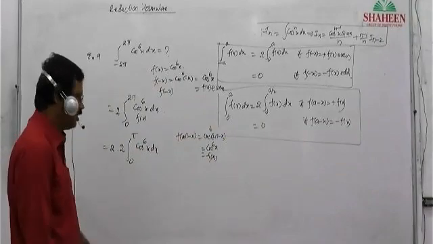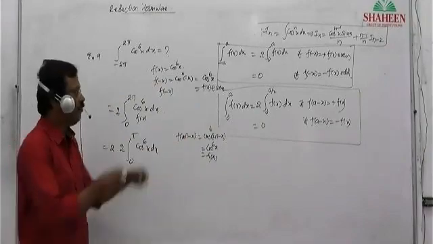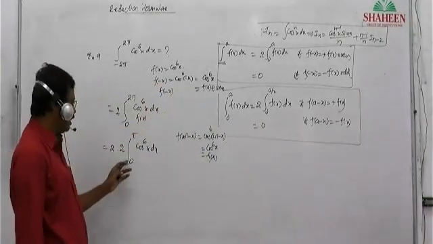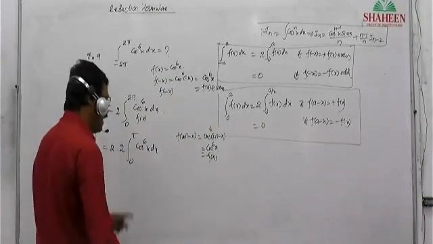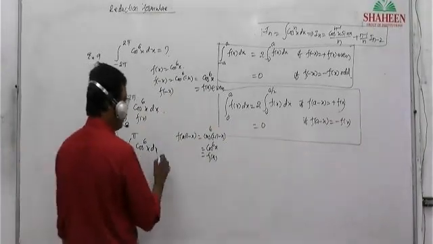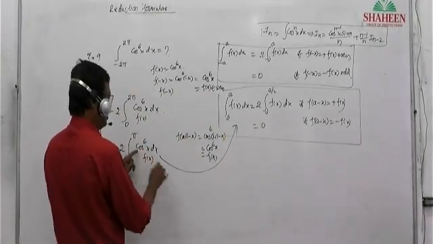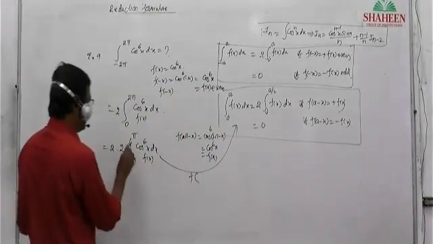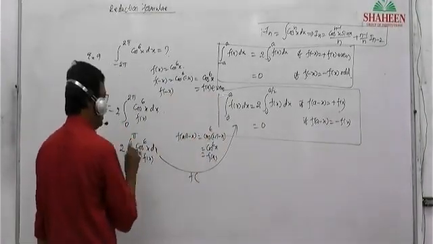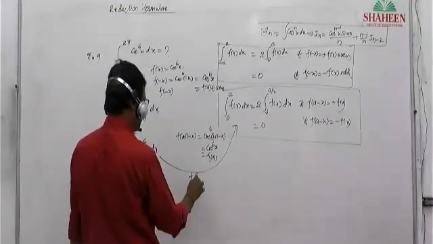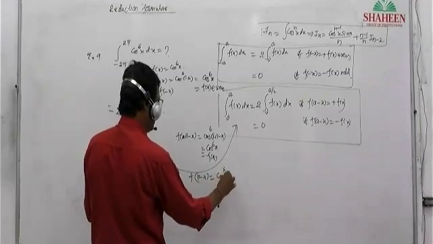Now, even here we did not get 0 to pi by 2. We did not get 0 to pi by 2 yet, so again let us apply the property. F x is this one. F of a minus x, where a is pi: cos of pi minus x.